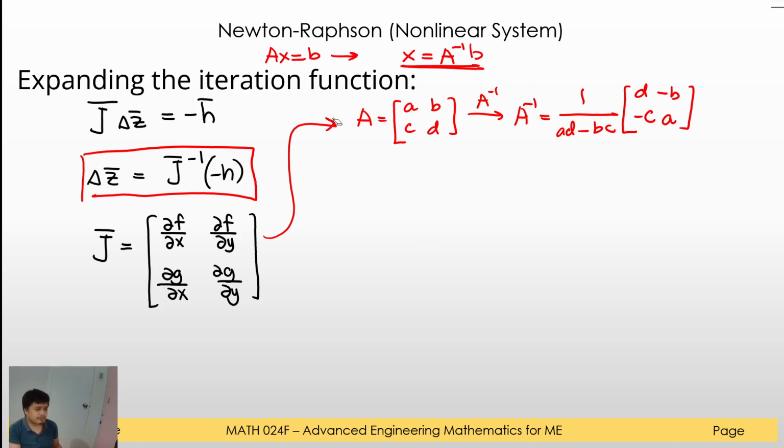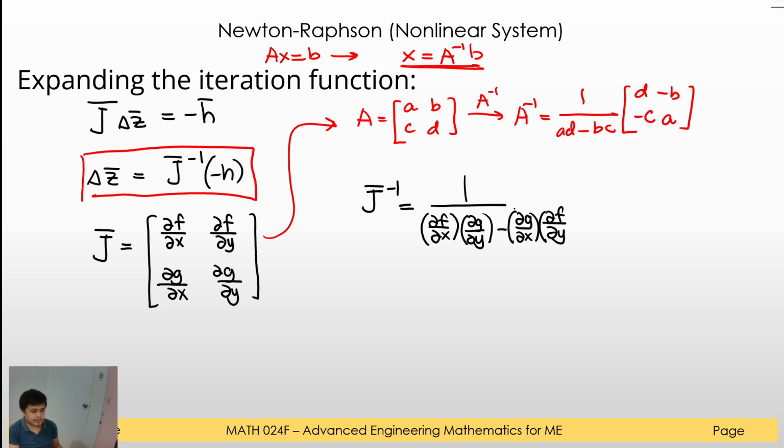So again, how do we find the inverse of this Jacobian? Based on this, we have ad, so this would be a and d. So we have 1 over the partial derivative of f with respect to x times the partial derivative of g with respect to y, minus the partial derivative of g with respect to x multiplied by the partial derivative of f with respect to y.